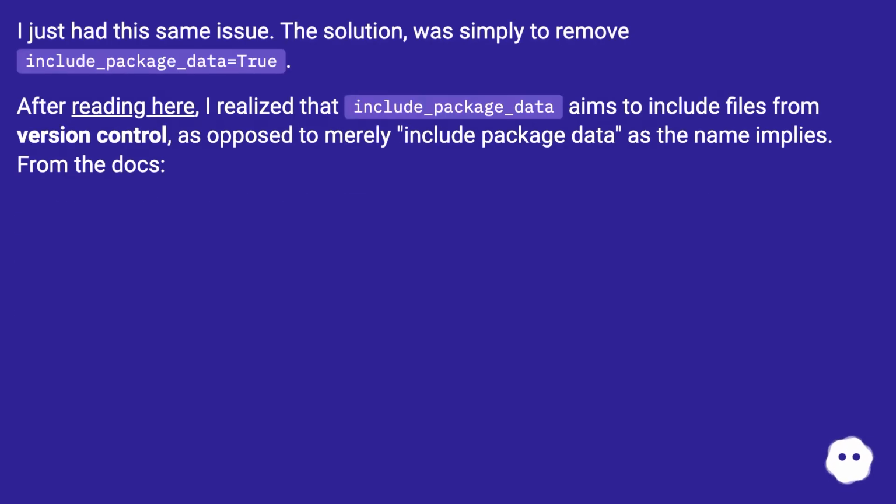I just had the same issue. The solution was simply to remove include_package_data=True. After reading here, I realized that include_package_data aims to include files from version control, as opposed to merely include package data, as the name implies, from the docs.